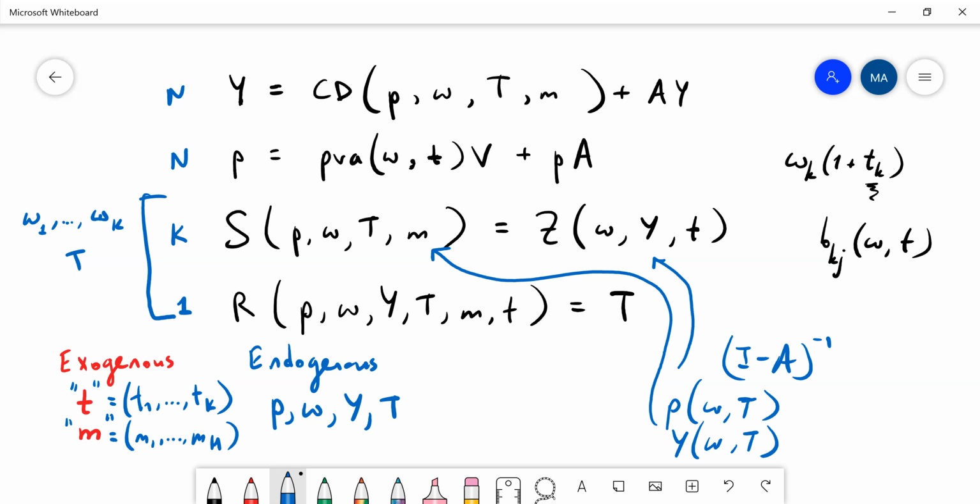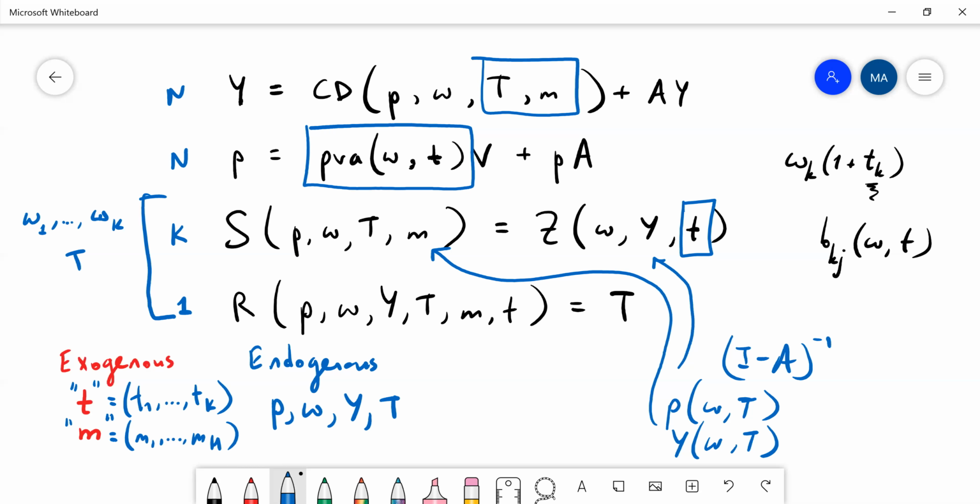So you can actually, for instance, prove that price of value added will depend on T, consumption demand will depend on T and M, optimal factor demand will depend on T, etc. Okay? So that would be even better. So if you want an exercise, you can do it.